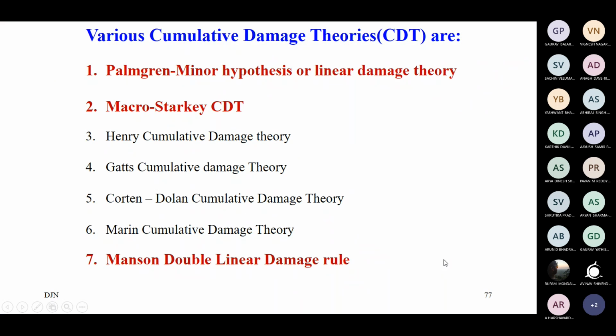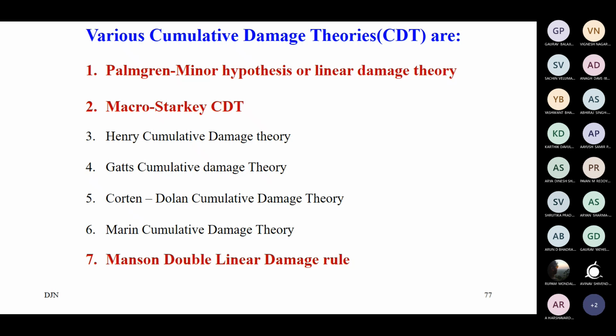Fine. So in our previous class, we were discussing the cumulative damage theories. The necessity of them comes from identifying how much damage has occurred in a component with every cycle. This theory becomes very useful whenever we have variable amplitude loading, not constant amplitude.